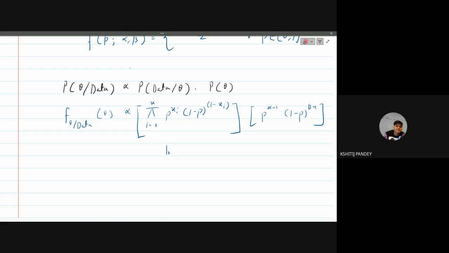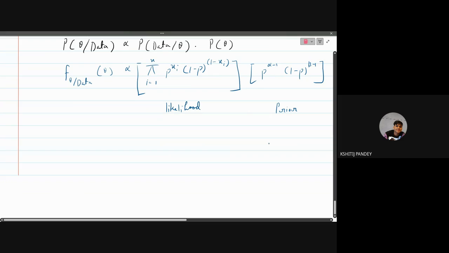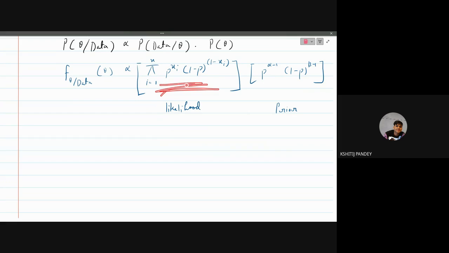So this is your likelihood. This is your prior. So on simplification, we have already done this. We'll just simplify this.